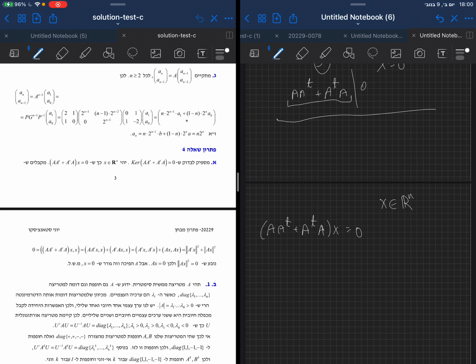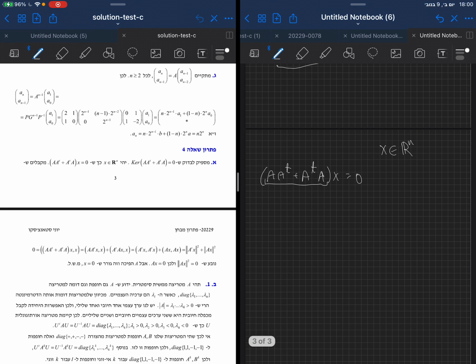It's some x, it doesn't have to be 0, and we will show that x must be equal to 0, and therefore there is only the trivial solution to the homogeneous system, and therefore this squared matrix must be invertible. So if this equals 0, let's look at the inner product of A transpose plus A transpose A x, which is 0, with the vector x.